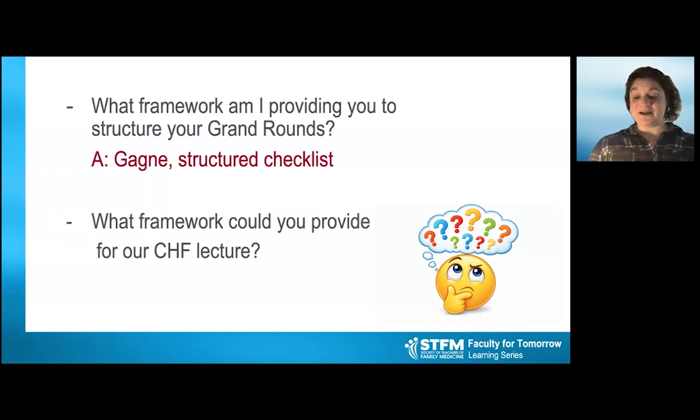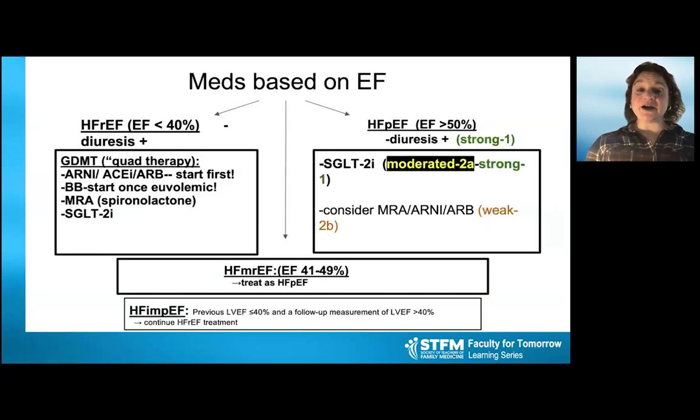That's a challenging one. I'll share what I provided when I taught this to my residents. I created one big model that shows how to think about the medications based on evidence, based on patient's ejection fraction. So I divided it into reduced EF, preserved EF, mildly reduced EF, and improved EF.